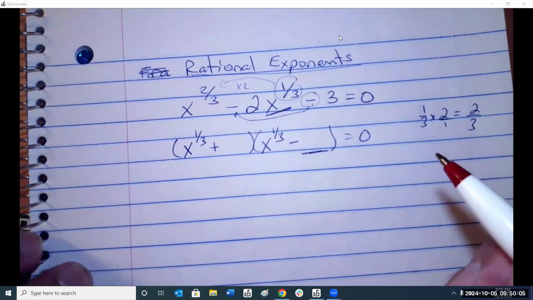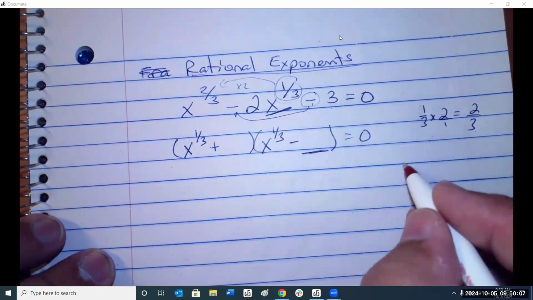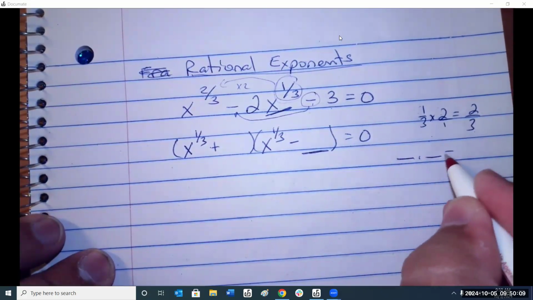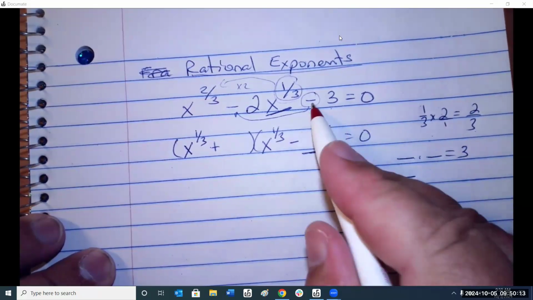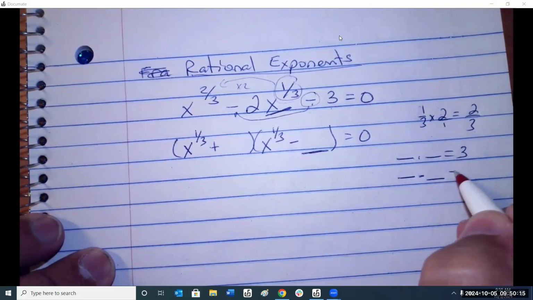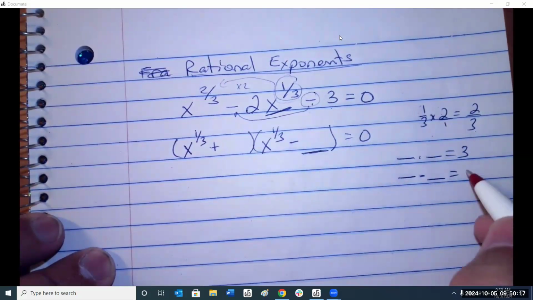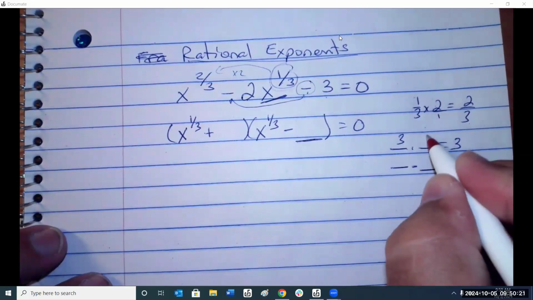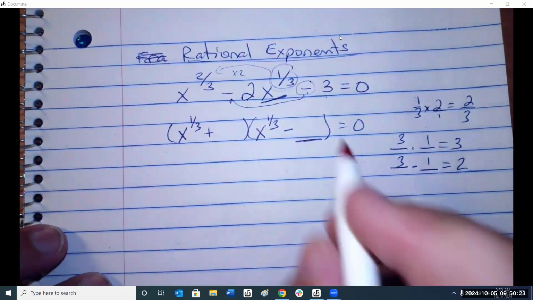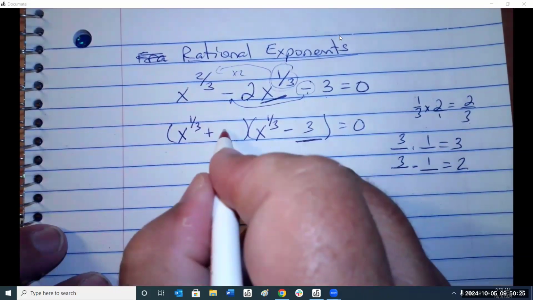What times what equals 3, that when I subtract them, I get 2? 3 times 1, 3 minus 1. So 3 goes here, and the 1 goes there.